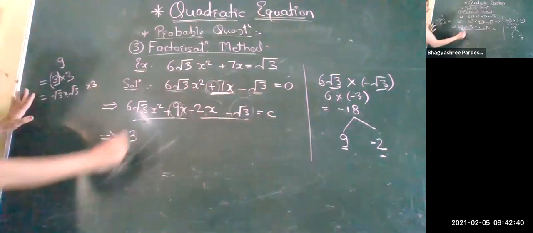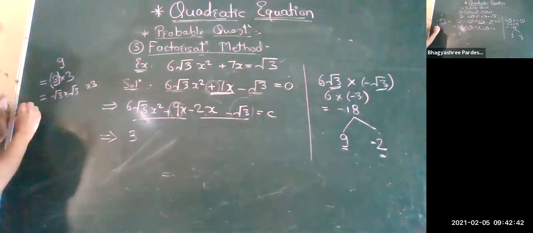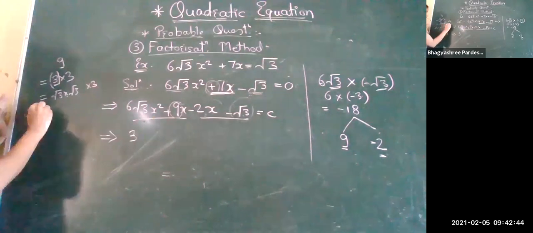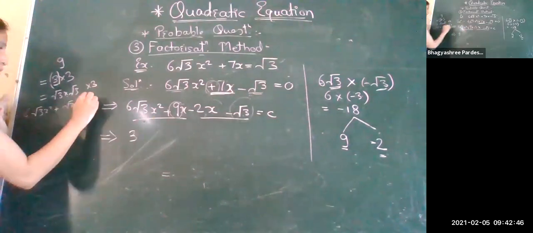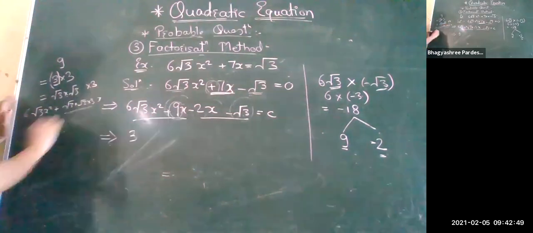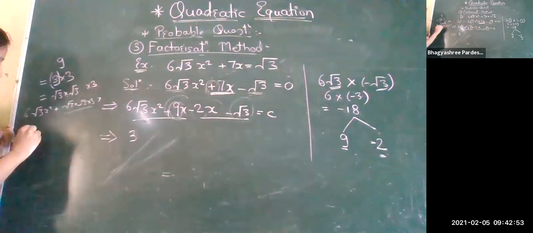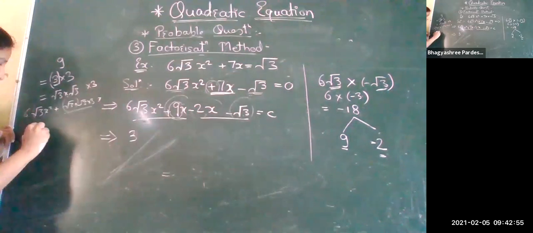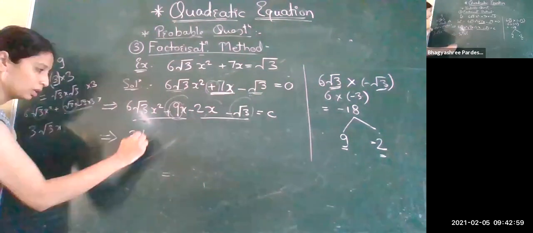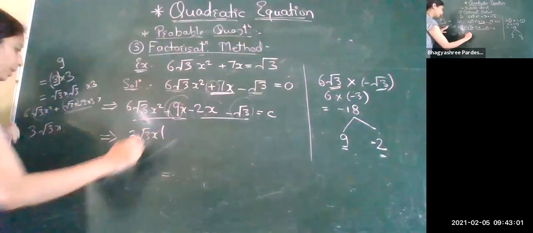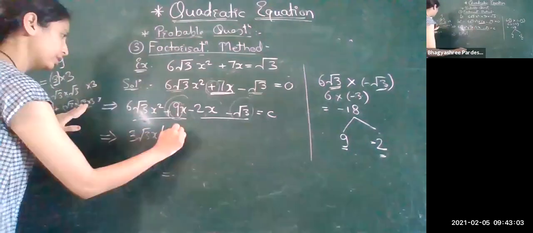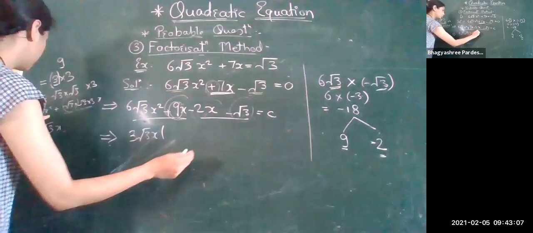So from this one, here I am doing only this is 6 into root 3 into 3, and this 9x is written like this. So what will happen? This 3 will be the common. Then this root 3 is also common. So 3 into root 3x will come common. And in bracket will remain 2x plus root 3.